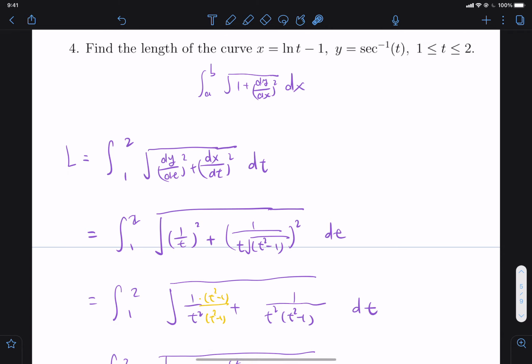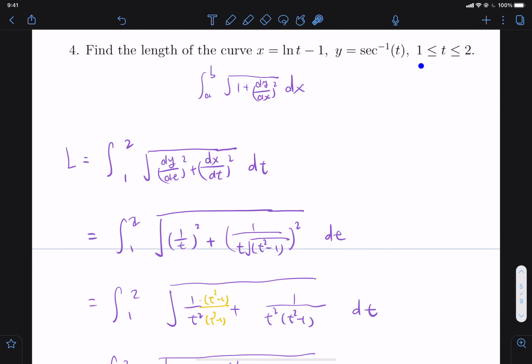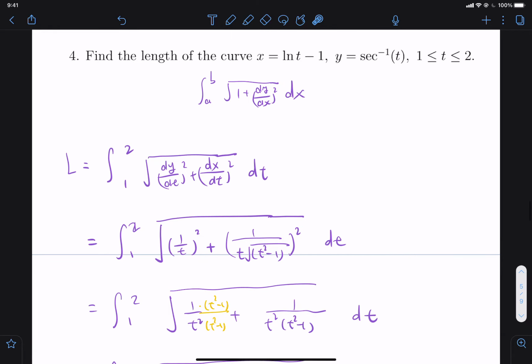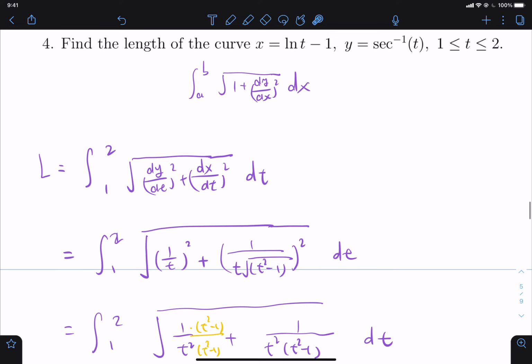Okay, so we've done such a question in, I think, the last 2 tutorials, right? I don't remember exactly when it was, but we've done something like that. At that time, we were using the formula, the definite integral from a to b of the square root of 1 plus dy over dx squared dx, or dx over dy dy, right?